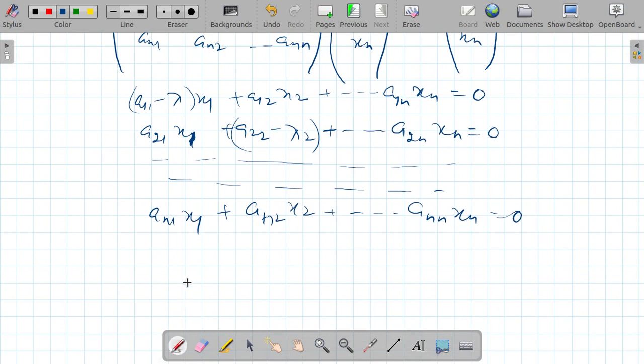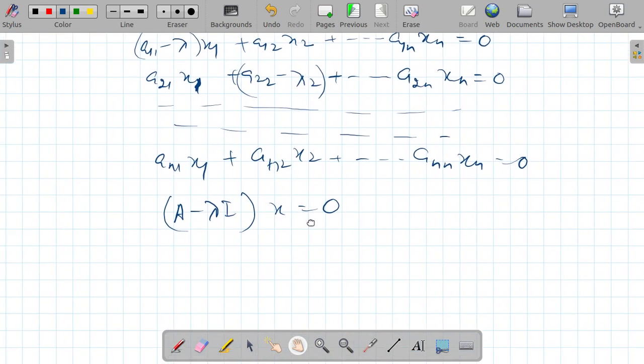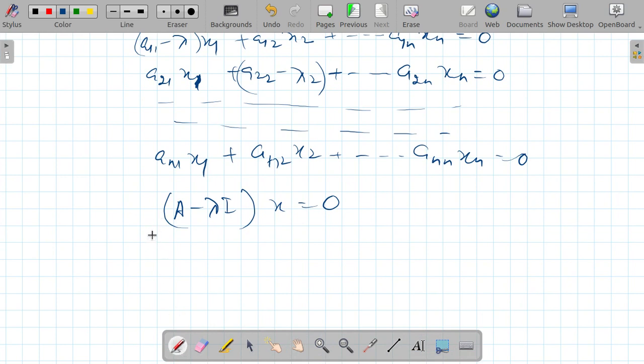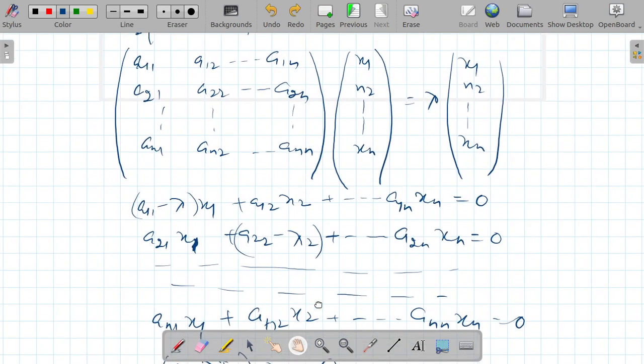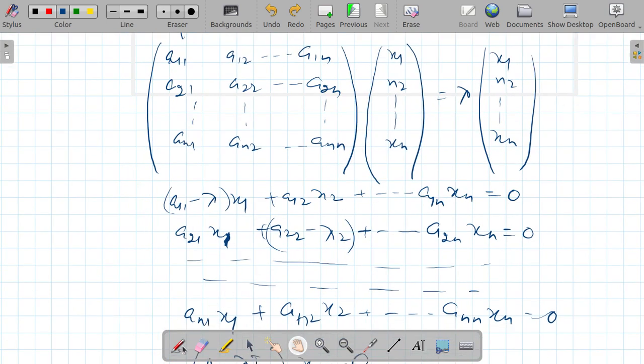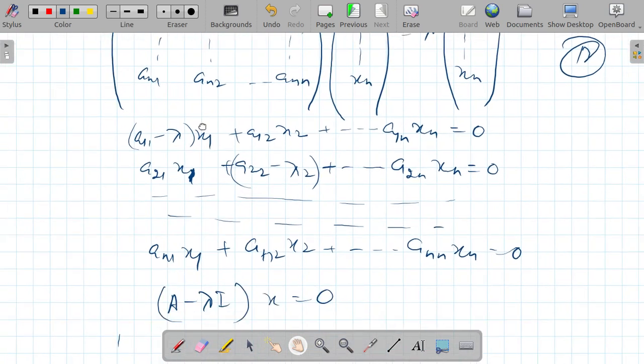Or this can be written in the form of a matrix as (A minus lambda I) X is equal to 0. Let me call this equation number 2, and this as equation number 3.